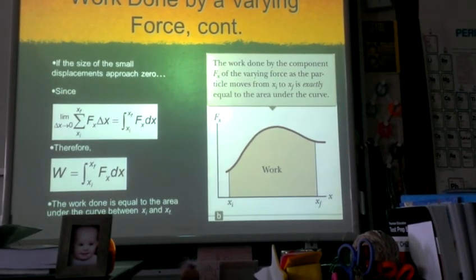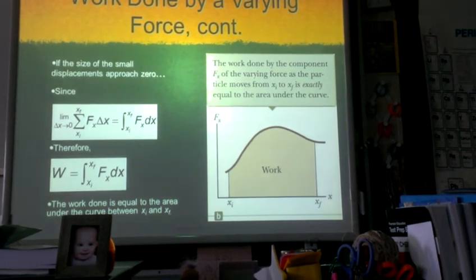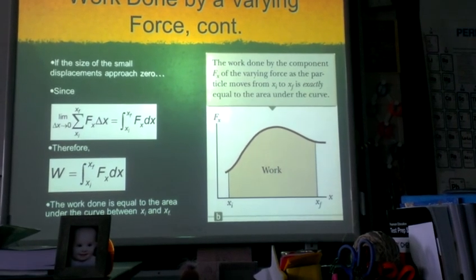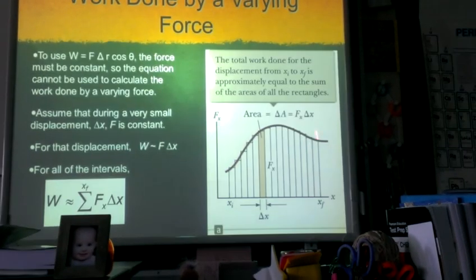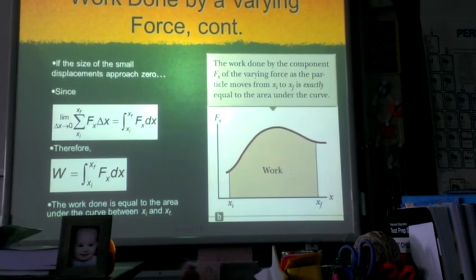So the work done is equal to the area under the curve between my initial x and that final x, okay? So again, we're just using this as the limit because as delta x approaches 0, this is what is going to become an integral. So I can make these as small as I can and get delta x to be so small that force is constant. If I add all of those up, it's going to be equal to the same thing as finding the area under that shaded region.